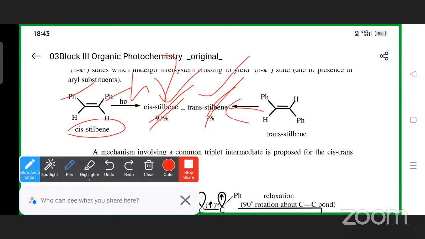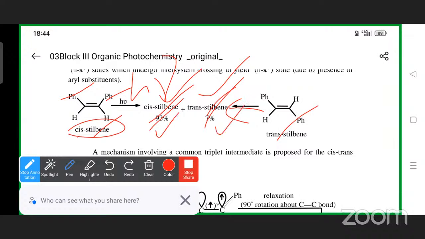And in the same way, the trans stilbene also gives the same products here, right? So cis and trans both isomers are giving the same products with different ratios, like cis stilbene with 93% yield and trans stilbene with 7% yield, where one is obtained as the major product and the other as the minor product here, right?